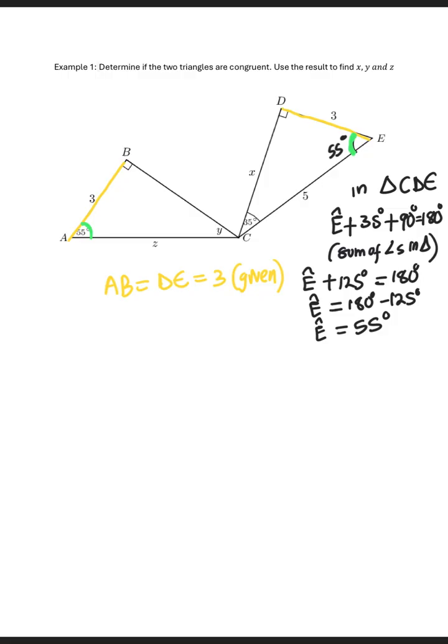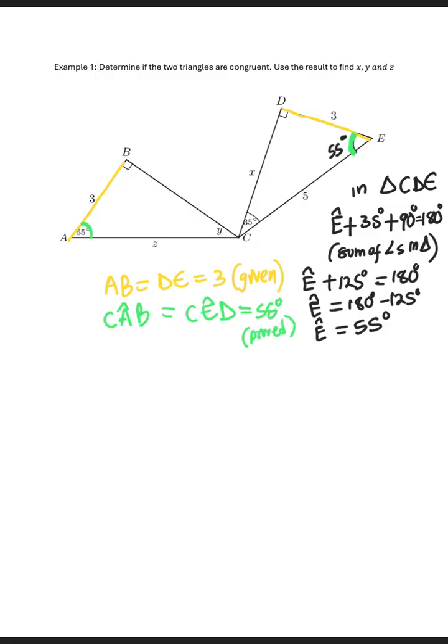Angle CAB is equal to angle CED. Both of them are 55 degrees. We just showed that, right? Yeah, this one is proved.